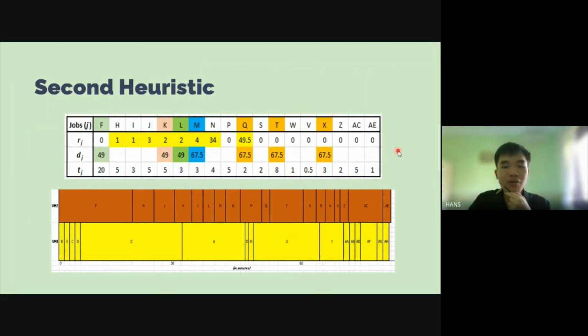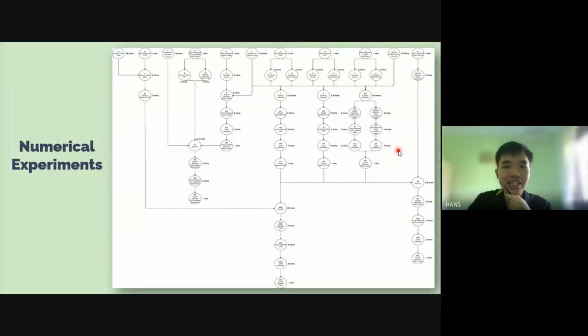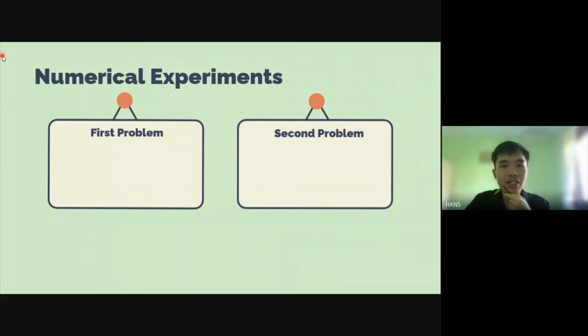But what if we apply our algorithm using only two machines on a more complex problem, like this kind of problem in the PTX as well? We know that this kind of problem is more complex. So we try to compare the numerical experiments by running several trials.